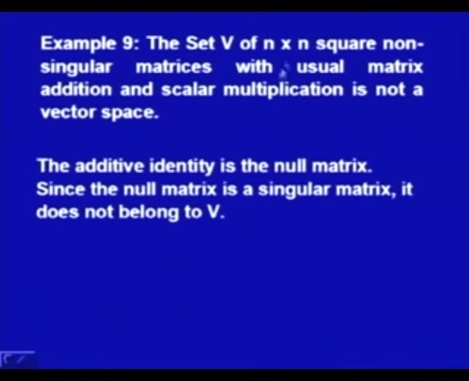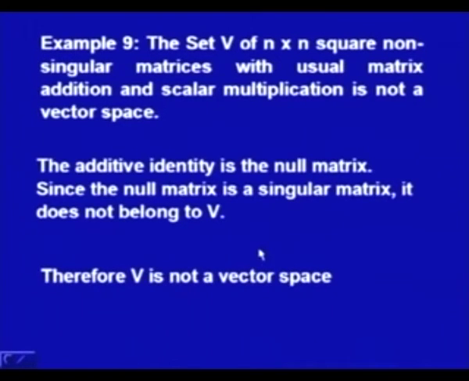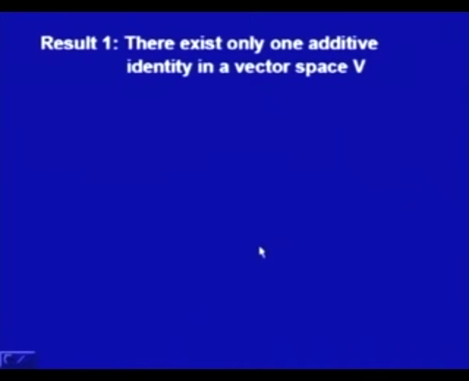So, the null matrix does not belong to this set of n by n non-singular square matrices, and that is the reason that this will not form a vector space. So, while m by n matrices form a vector space, n by n non-singular matrices do not form a vector space. So, V is not a vector space.